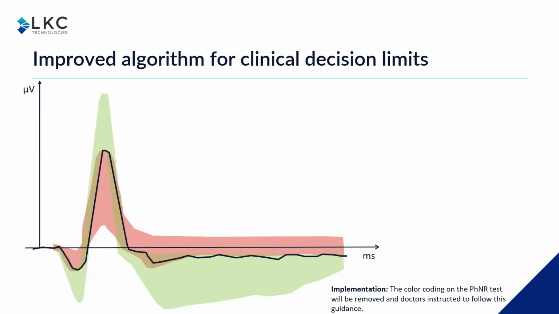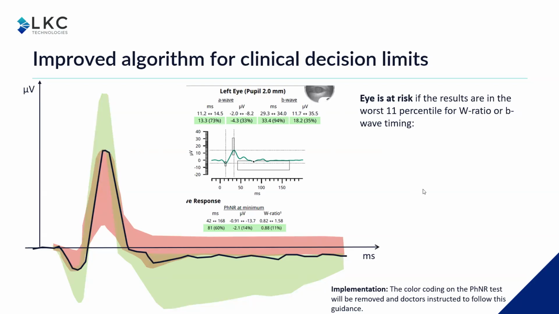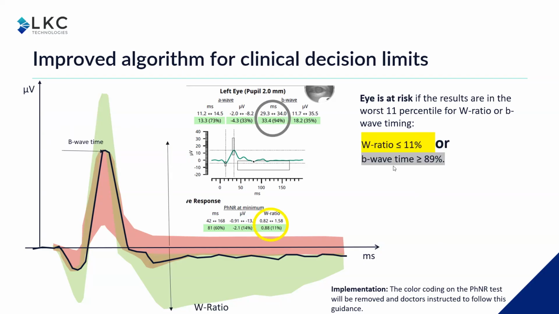The clinical decision limits are connected to the W ratio or B wave timing. By analyzing the data, we realized that the eye is at risk if the results are in the worst 11 percentile for W ratio or B wave timing. What is very important to remember is that this is "or," not "and."